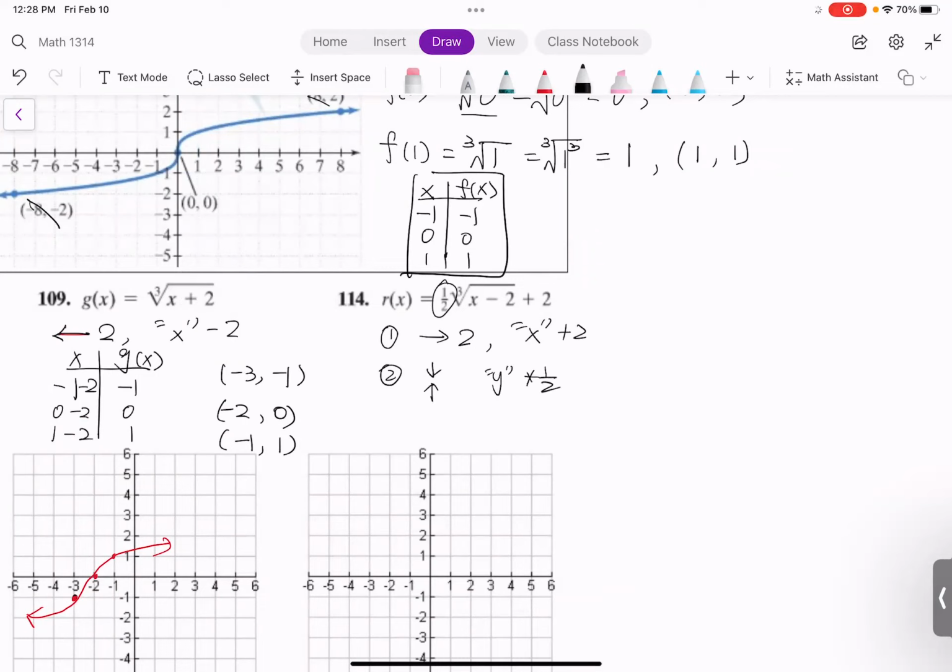So number 3, plus 2, that means move up 2 units, all the y plus 2. Let's see the new key points, x, r of x plus 2.